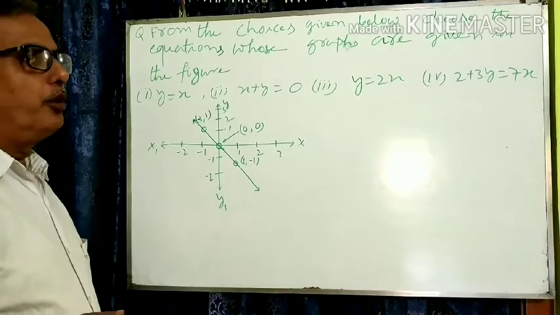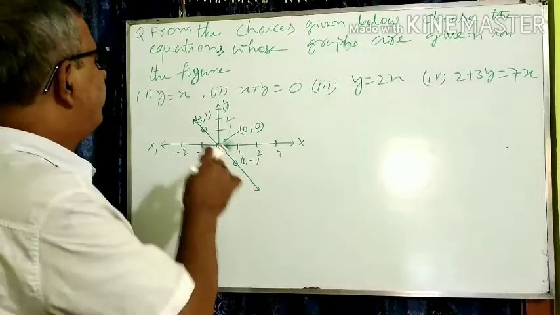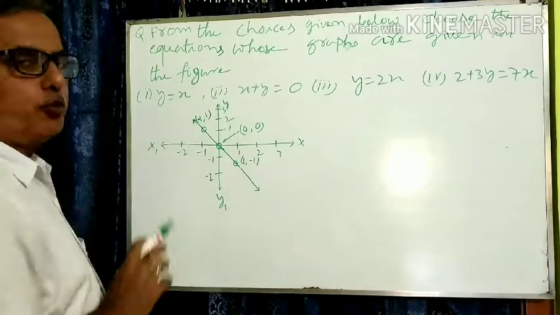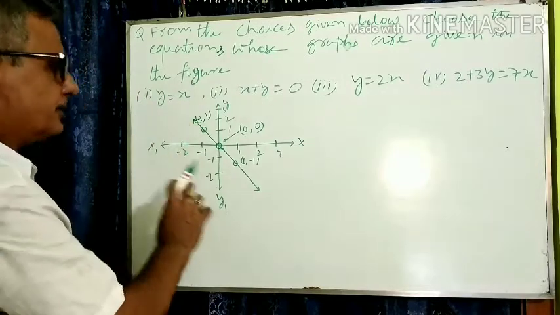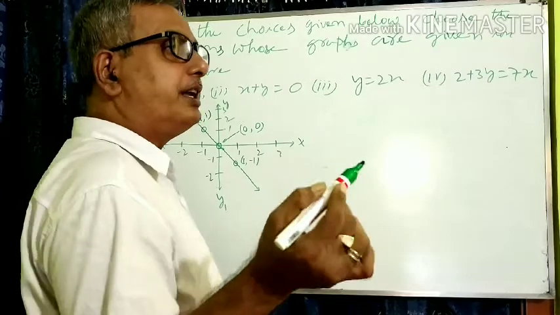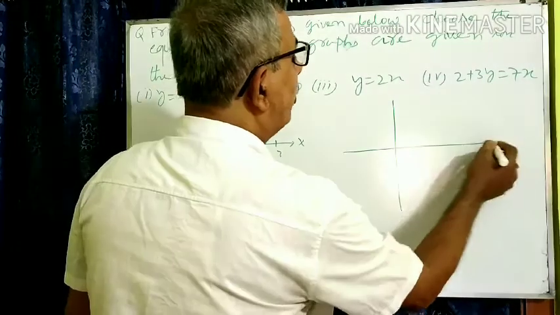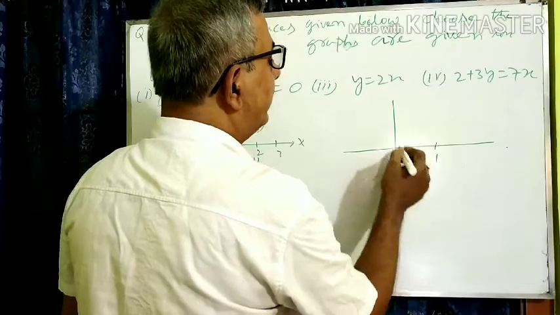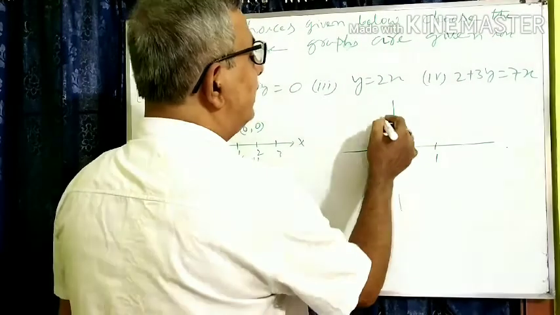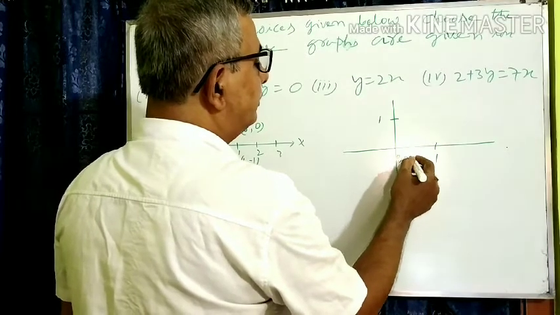Now, before starting this question, first of all you try to understand how we indicate a point. Suppose this is a vertical axis, this is a horizontal axis, here is 1, here is also 1, and this is 0, the origin.